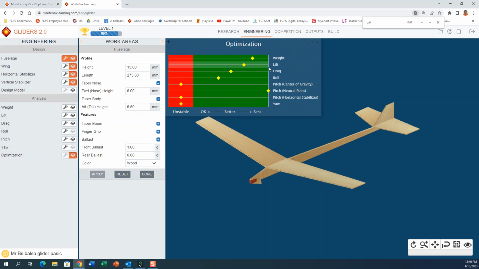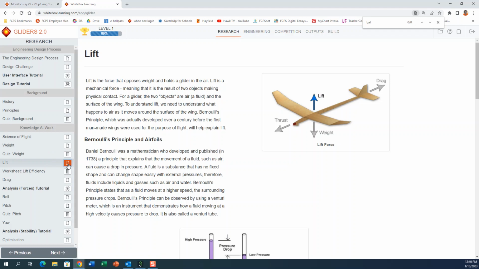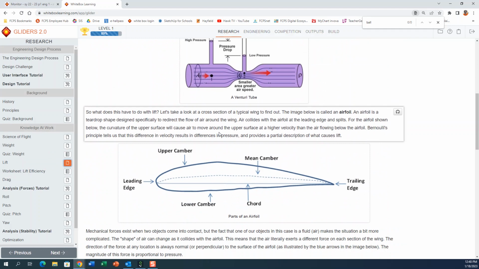All right. So lift, okay, what is the component responsible for lift on an airplane? There's really just one that's responsible for the vast majority. So if we go back over to research, if you want to just refresh your memory a little bit, I highly recommend that. It's the wing, okay? The wing is where your lift is coming from.